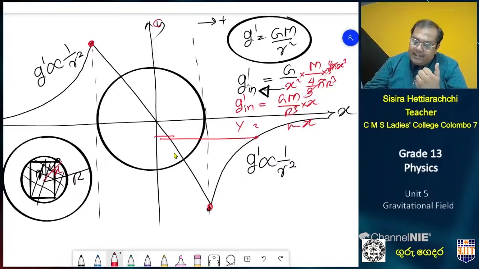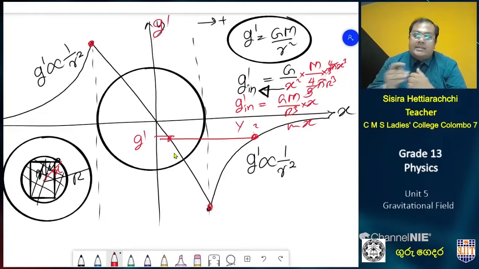Same gravitational acceleration g dash we can expect inside and outside both. But we are always studying outside of this sphere. This is gravitational field intensity.